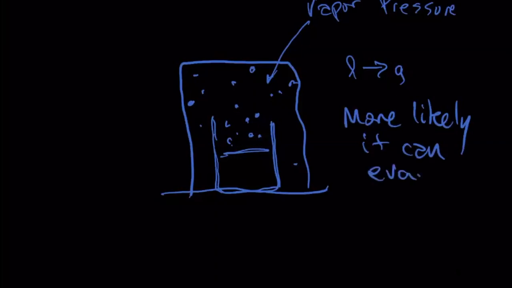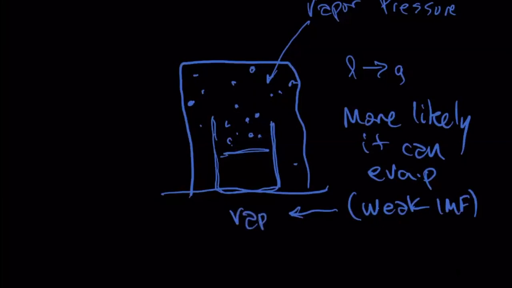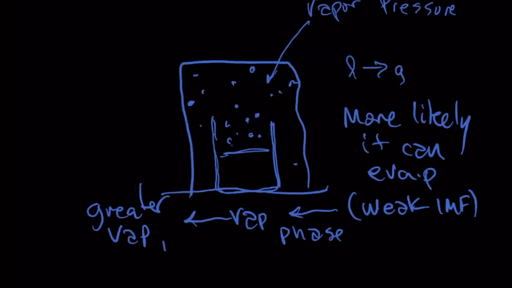Because it has weak intermolecular forces, then the more likely it'll go into the vapor phase, the greater the vapor pressure. So for weak intermolecular force, you're going to have high vapor pressure.